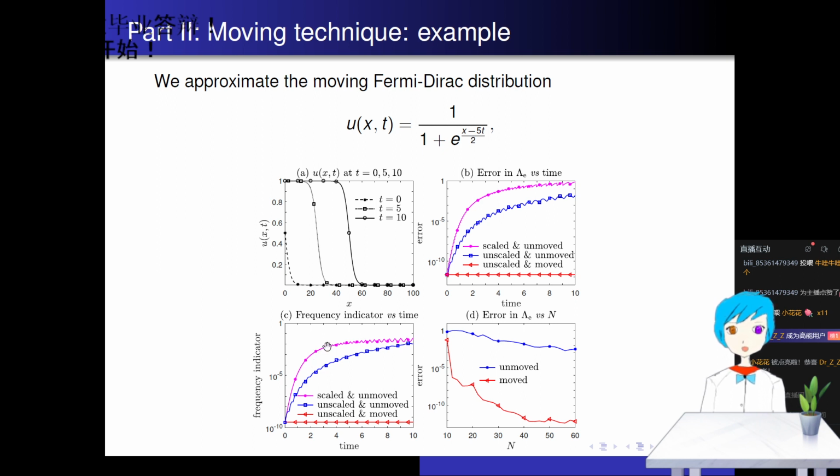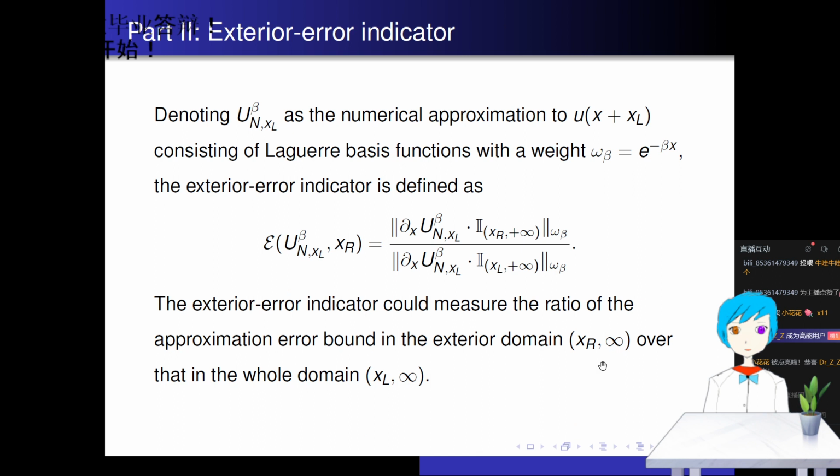So we cannot control the frequency indicator by changing the scaling factor. The right thing to do, also the natural thing to do, is to move the basis functions accordingly to match the translation of the function to be approximated. By doing so, we can recover spectral convergence with the expansion order. So how do we determine whether we should move the basis functions over time? We define this exterior error indicator.